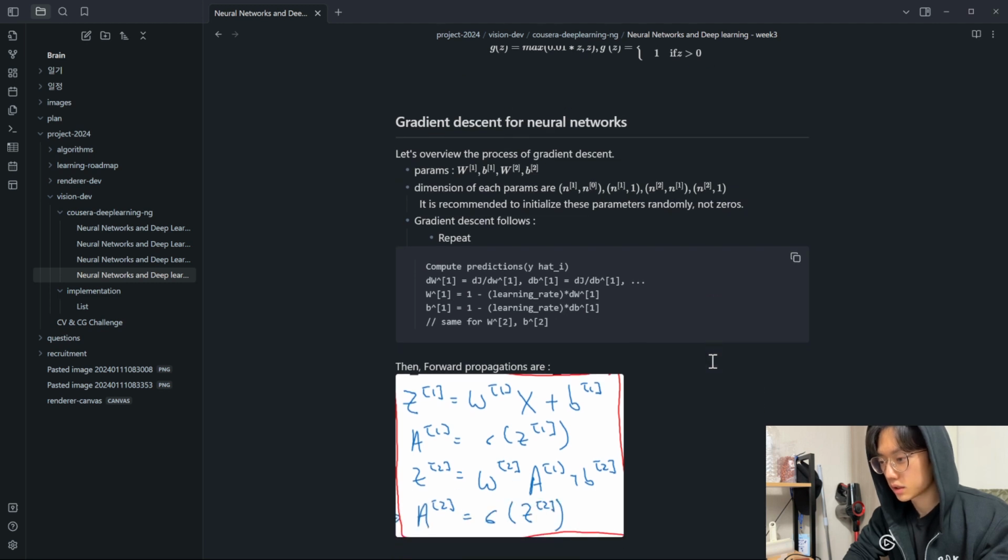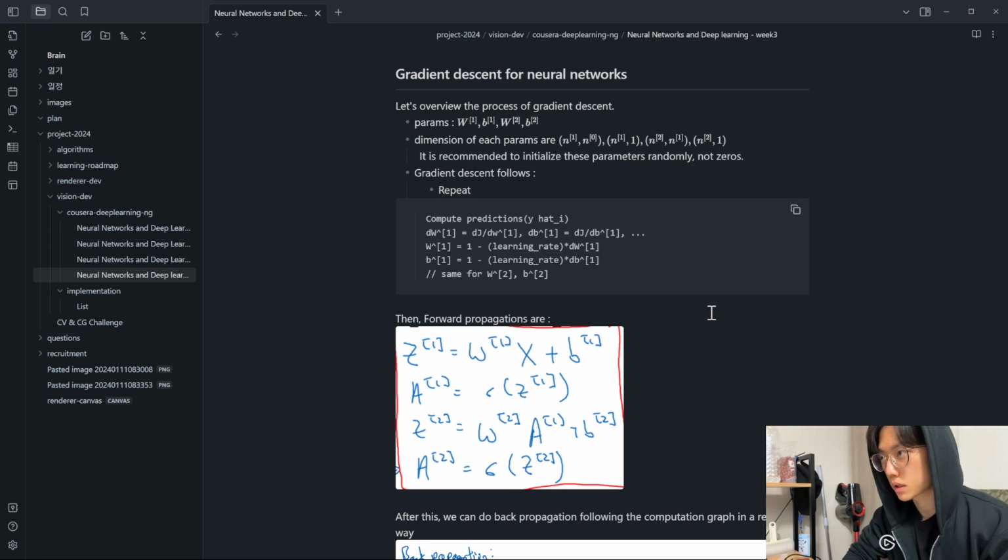Next, we follow the same process we did in logistic regression for gradient descent. But in a neural network, because we have a hidden layer, in logistic regression we just calculate one W and b from the activation function, which is a sigmoid.